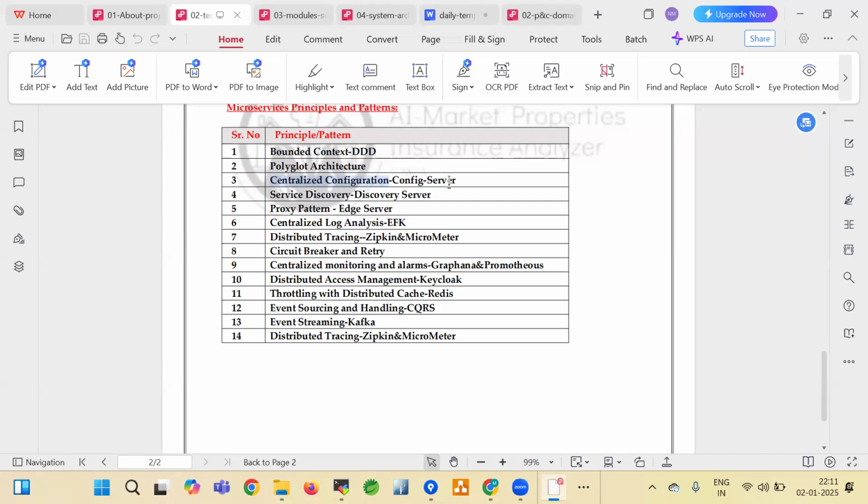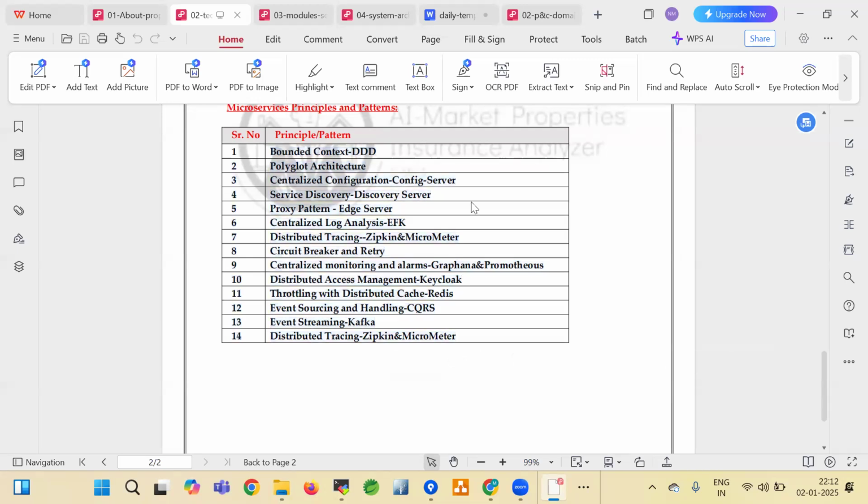Then the centralized config server, and then service discovery, and API gateway, centralized log analysis, Zipkin, and Micrometer, resiliency, right, and monitoring, distributed access management like Keycloak, the IDP we are using. So these are all basically the patterns. So throttling, event streaming, tracing, resiliency.